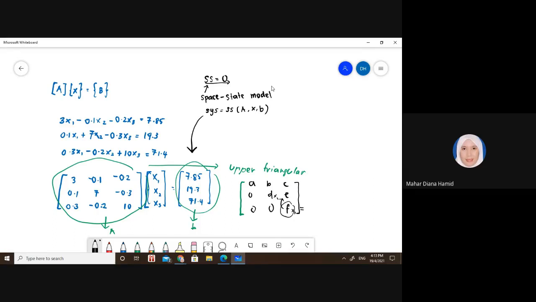So if you remember, if you refer back to the lecture that we have done in class, this is actually before the first modification. Remember that we have A to 1, A prime to 1, and A double prime to 1. So this is the first modification.